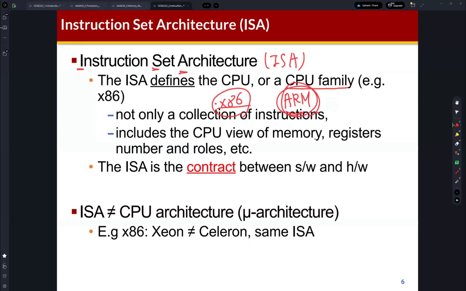ARM is a company, and x86 was invented by Intel. So these companies define the result of instructions. Also, ARM is another company, and ARM defines the result of ARM instructions. So what does that mean?